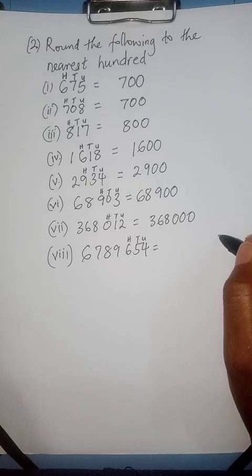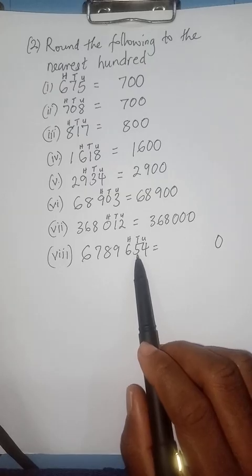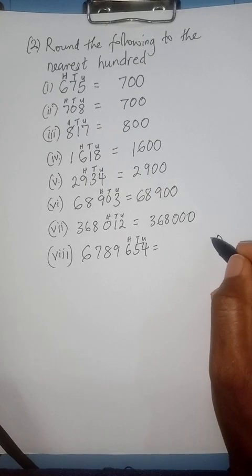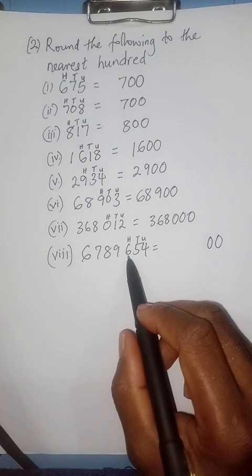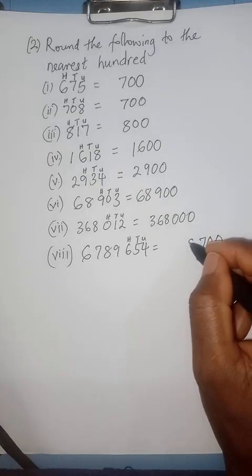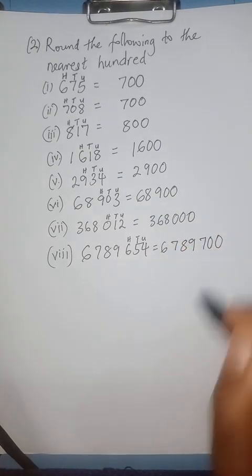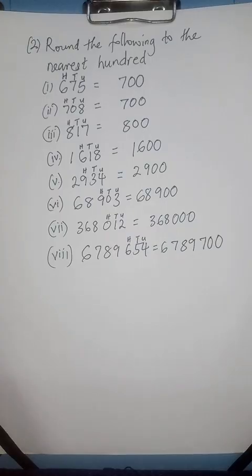First of all, your unit is 0. So let's look at the tens. It's 5, so I can round up, convert it to 0, add 1 to the hundred, and this becomes 7. Once you've done that, then write every other digit just the way it is. So 6,789,700.